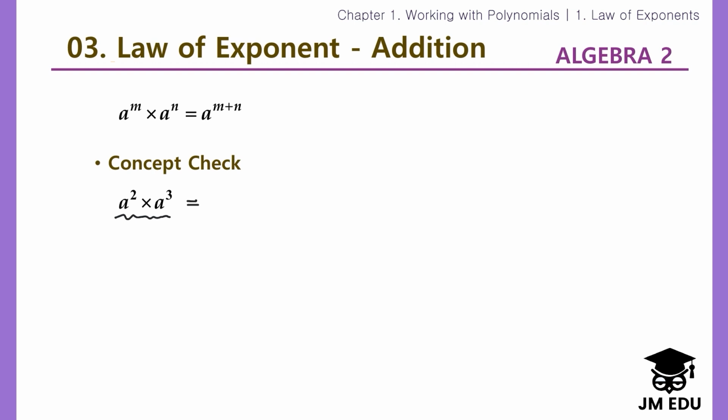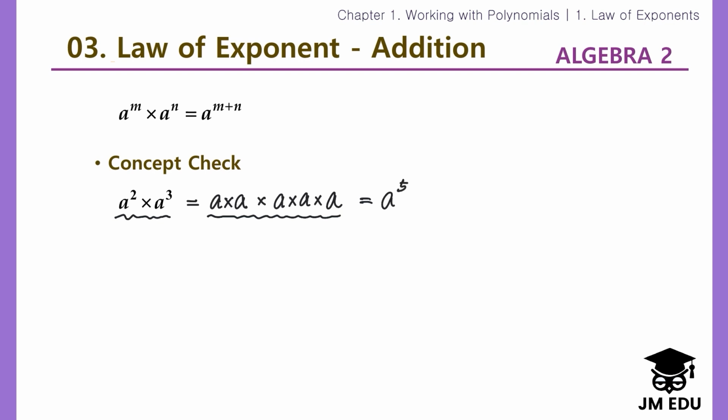That is equal to a squared, that's a times a, right? A cubed, that's a times a times a, right? So 5 a's are multiplied together. Then that's going to be a to the power of 5, right?